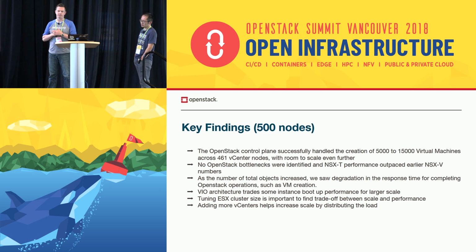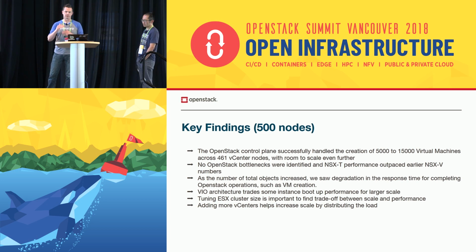We also noticed better performance: our newer version of NSX-T Transformers performed better than the NSX-V we used in the previous lab with the 132 node test a couple of years ago. We did notice that as we used that cluster concept instead of a one-to-one mapping with Nova Compute, we trade a little bit of performance in boot up time for a larger scale.